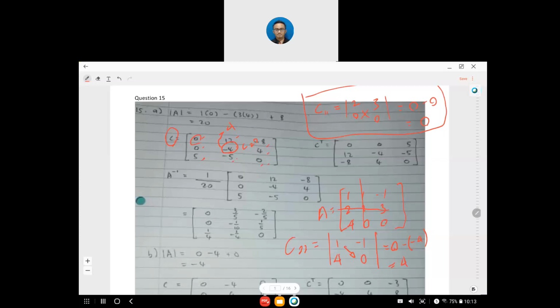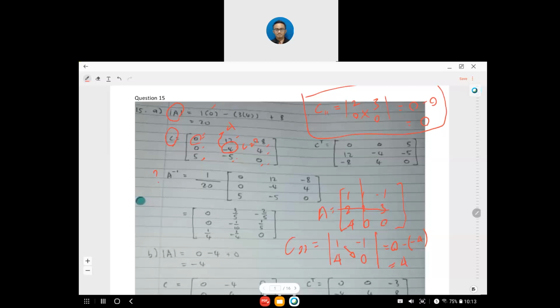Of course, in order to find the inverse, A inverse, you need to find first what is the determinant. You can get the determinant by choosing the first row, 1 times 0, where 0 comes from the cofactor.